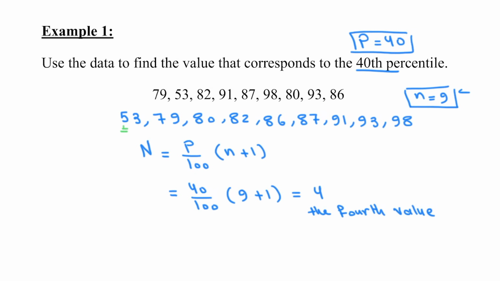So this one is the first value, this is the second value, this is the third value. So this one is my 4th value, which equals 82. So we can say that the answer equals 82.